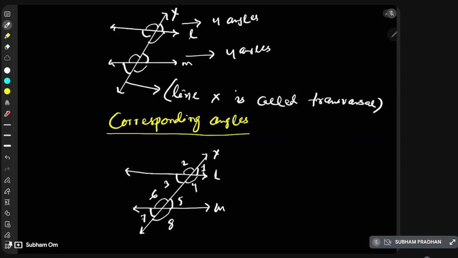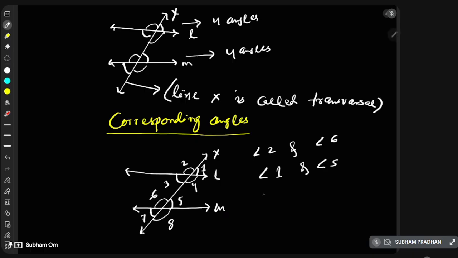So here angle 2 and angle 6 are called corresponding angles. Similarly, angle 1 and angle 5: we can say that angle 1 is corresponding with angle 5.